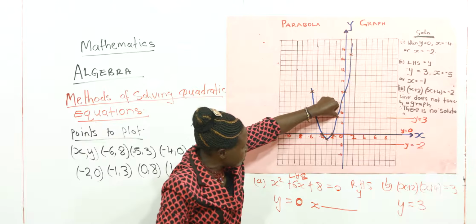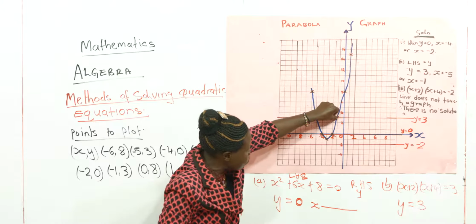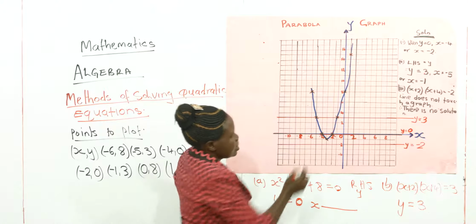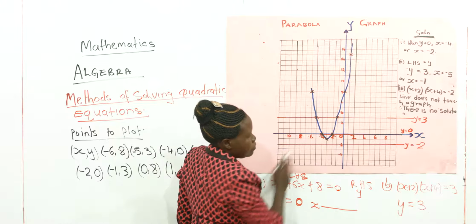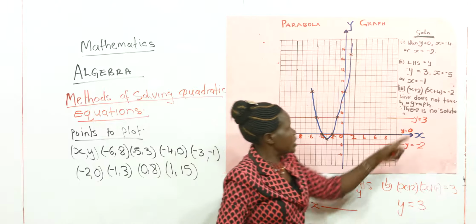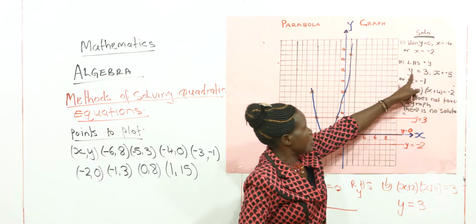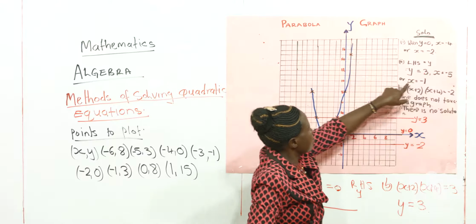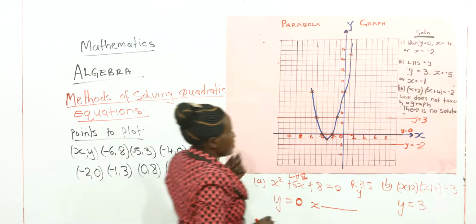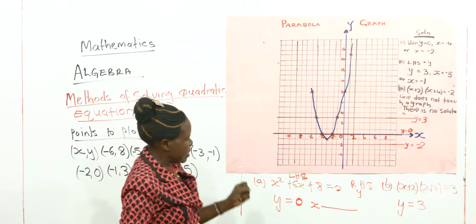You move downward to the x-axis, and you find that it is negative 1 exactly. Therefore my answer, when y equals 3, is x equals negative 5, or x equals negative 1.